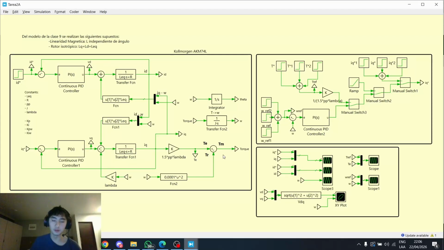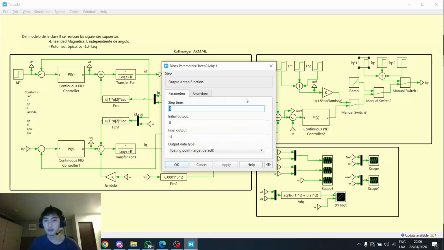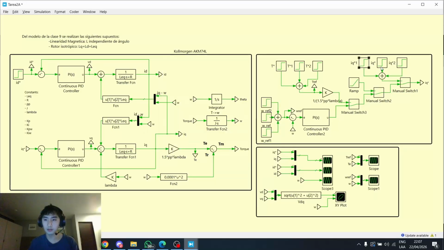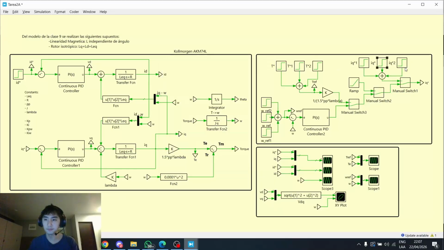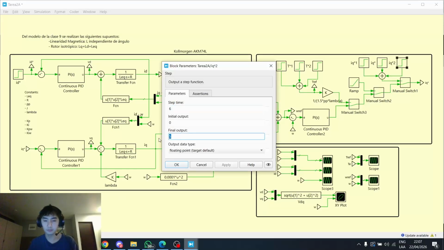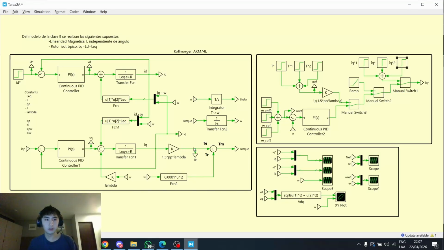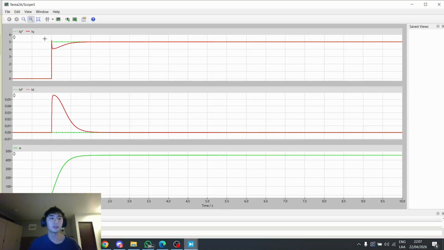So to see if it is following the reference correctly, let's first put a simple reference of 5. As we can see, it is correct.